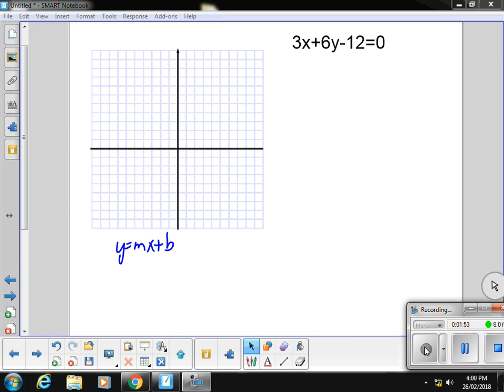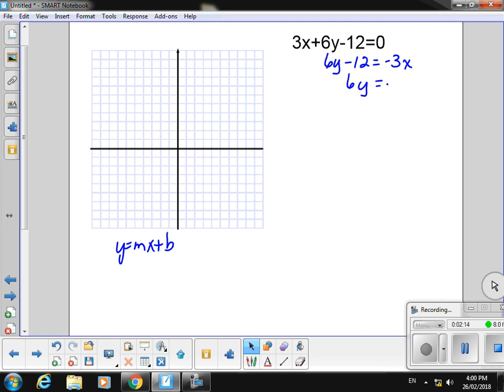So when I see this equation at the top, I know I only want the y on the left side. So the first thing I'm going to do is subtract 3x from both sides. So it looks a little bit more like the form that I want. The second thing that I'm going to do is add 12 to both sides.